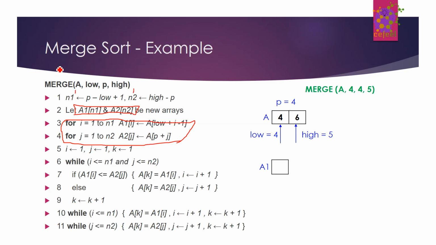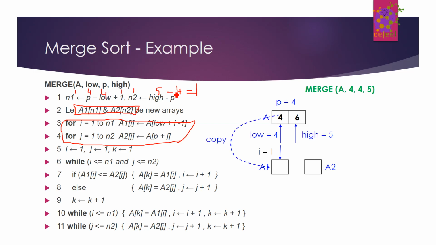If you put these values in, P minus low plus 1, with low as 4, is 4 minus 4 plus 1, so it is 1. High minus P is 5 minus 4, which is 1. So both are of size 1. That's why A1 is of size 1 and A2 is of size 1. And the first step, as we discussed in steps 1 to 4, is to just copy the values.